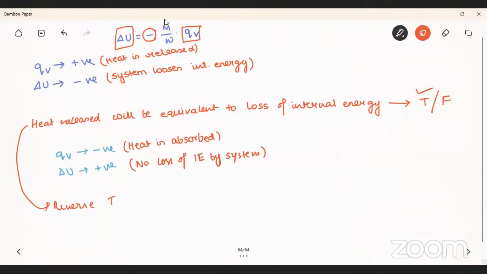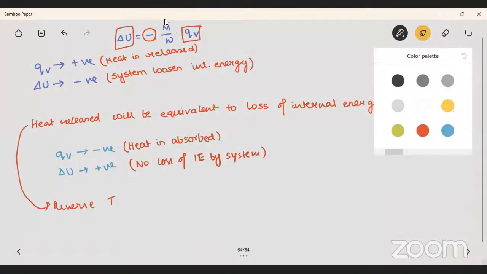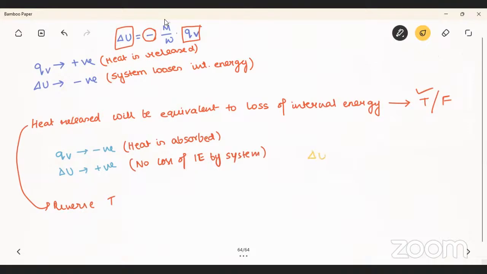Yes, ma'am. Okay, so why is this overall equation given? Delta U is equal to minus M by W QV. I told you this is mole per gram.